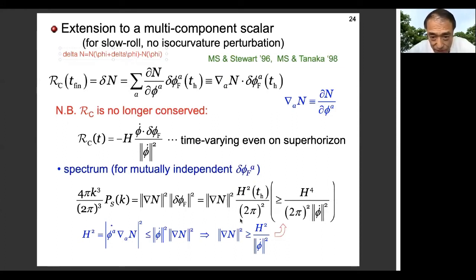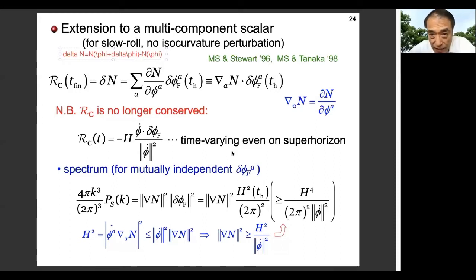So the amplitude is known, and (dn/dphi) squared is also known, once you know the function n as a function of the scalar field.